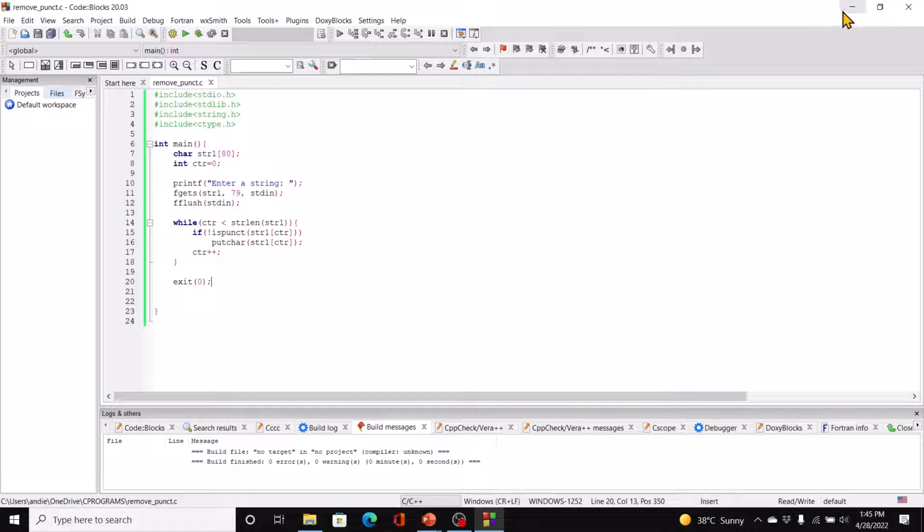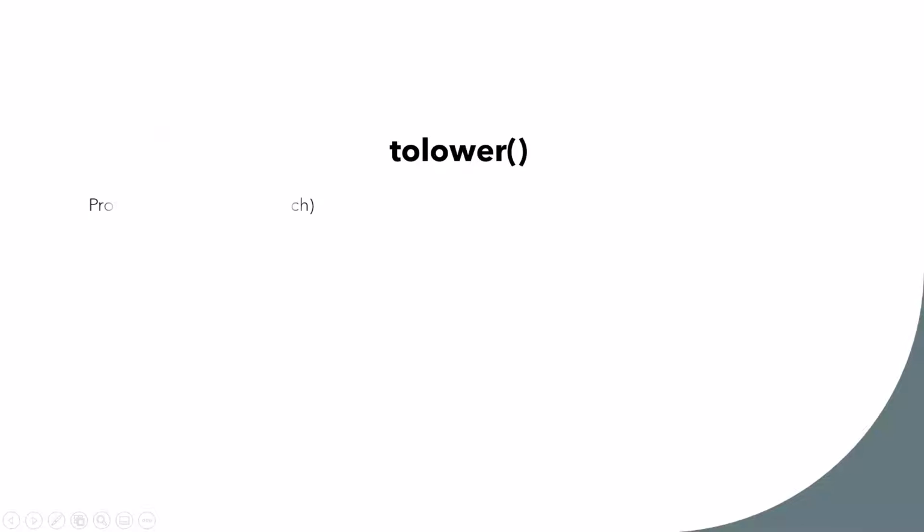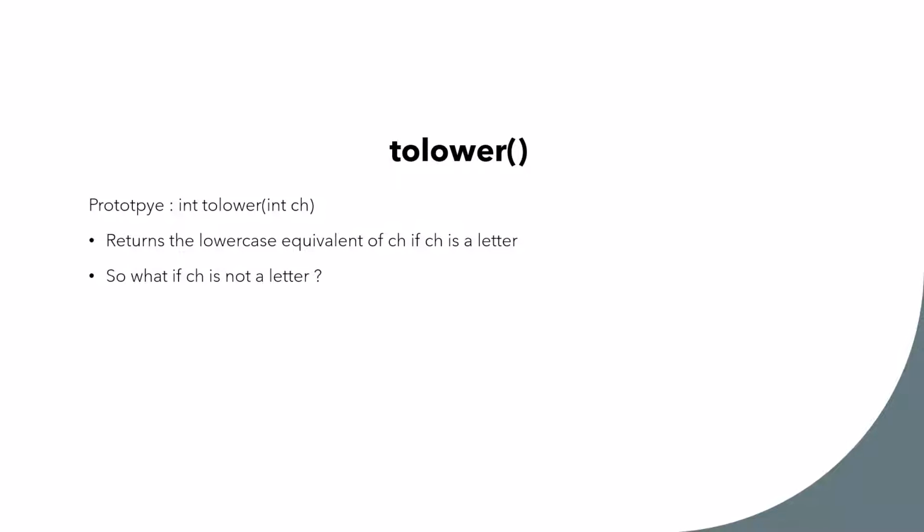Right? Moving on to tolower, this function again takes as argument an integer and returns an integer as well. Returns the lowercase equivalent of the character if it is a letter, so it's going to return the ASCII code, remember. So what if the character is not a letter? In that case, the character is returned unchanged.